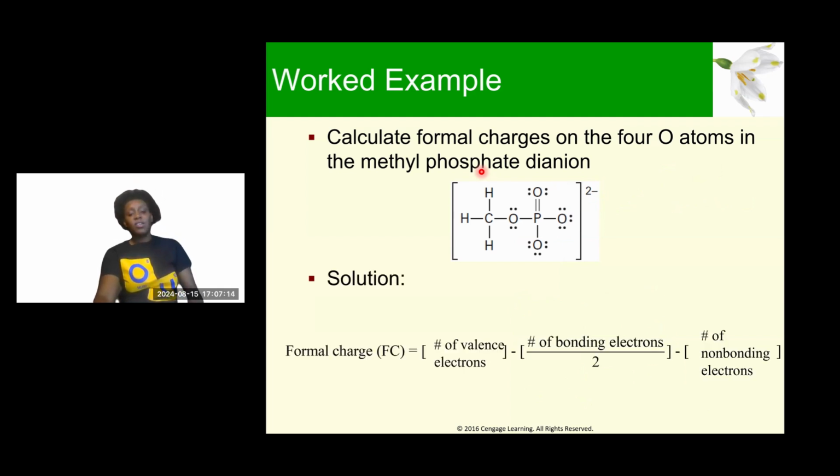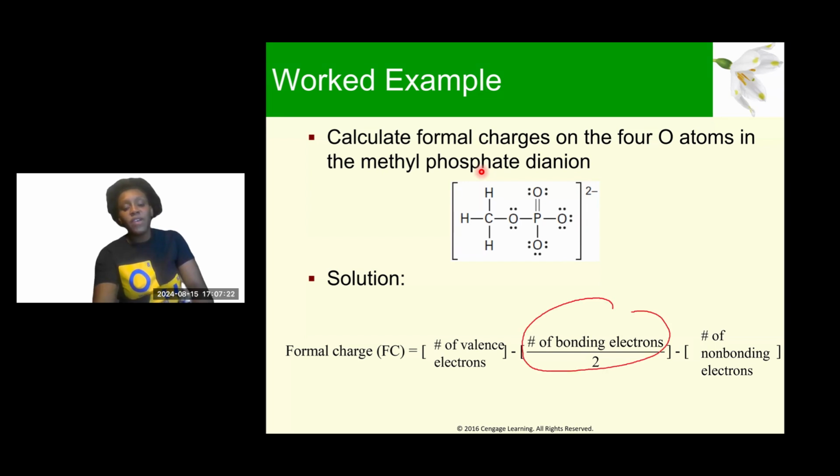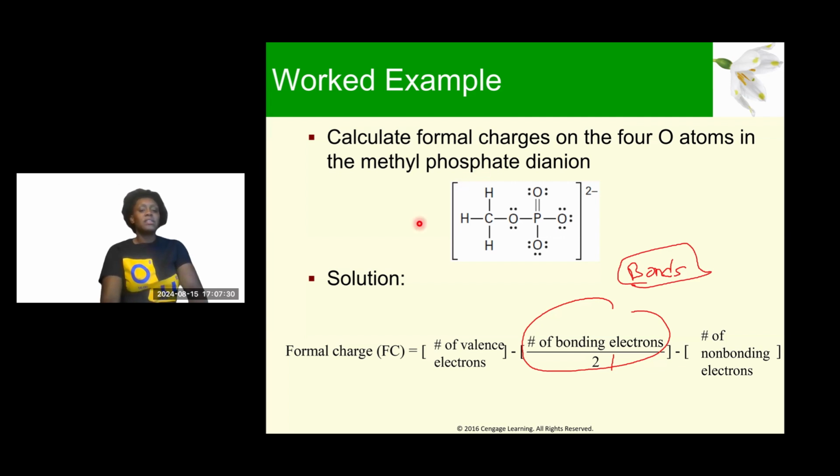And this is the long equation that you could do. But again, I showed you the quick way where we don't have to count the number of bonding electrons and divide it by 2. Simply just count the bonds. It's a little redundant to count them 2, 4, 6, 8, and then divide by 2 to get 4.